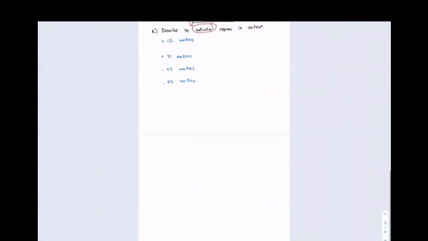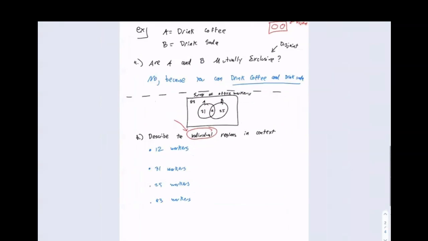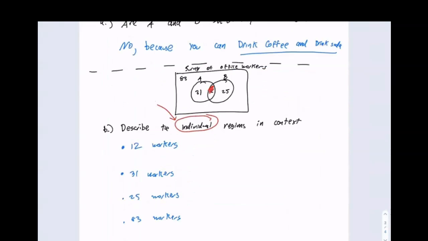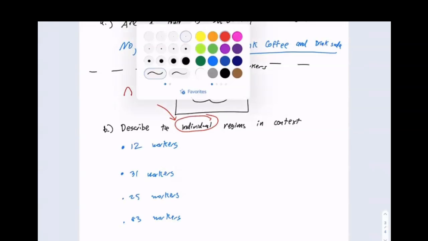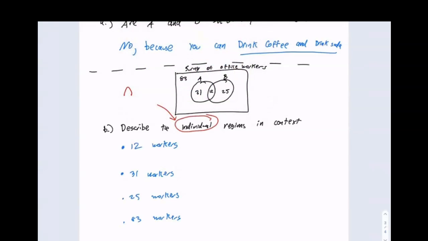So each one of these is technically a single region, which means every one of these problems is an intersection, as we covered at the very beginning of this class.